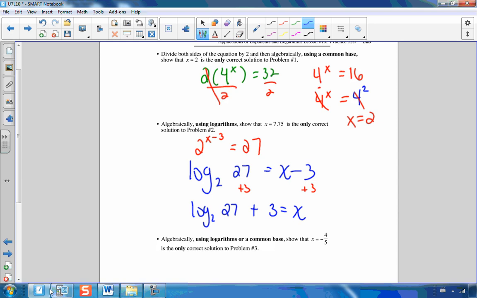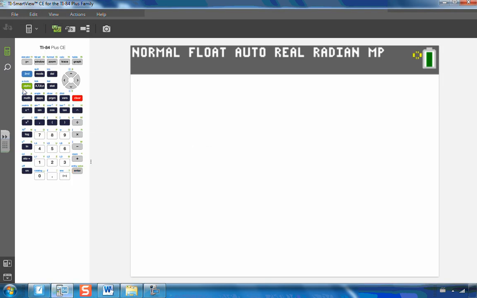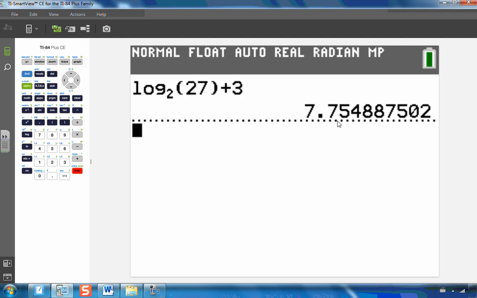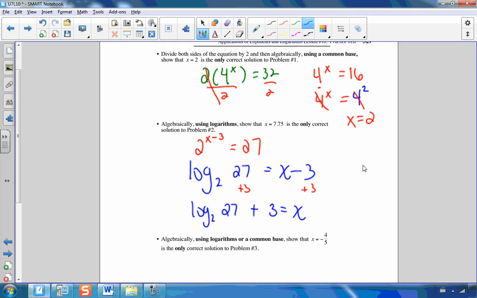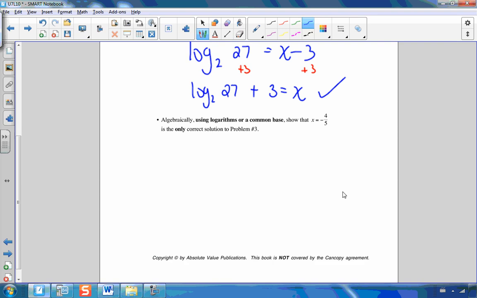So let's put this into our calculator: log base 2 of 27, and then I'm adding a 3 on the outside. And you can see that you get 7.75. So I know that I've done that correctly.